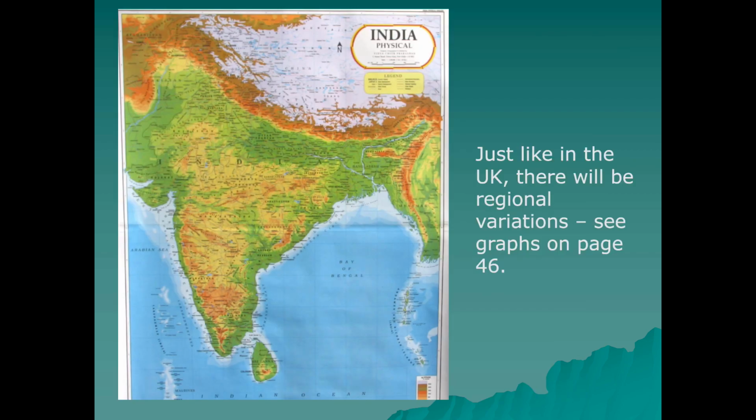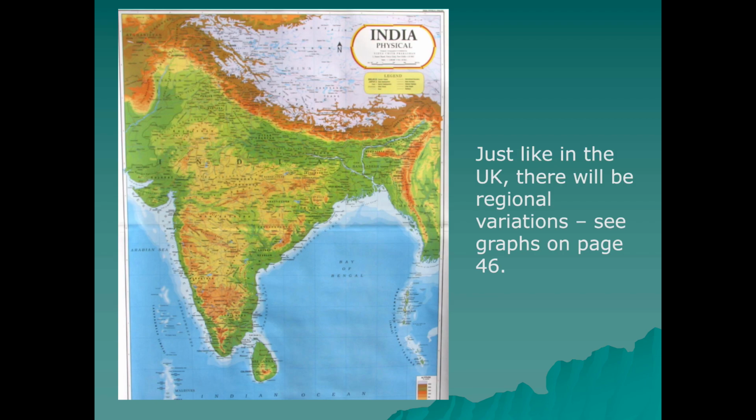Then on page 46 of this year's module, we're not going to dwell on this for a huge amount of time, but when we were talking about the UK climate, we were saying, yes, the whole of the UK has the same climate type, but there are regional variations, and we were talking about how the further north you go, it will begin to get slightly cooler because you're going further away from the equator.